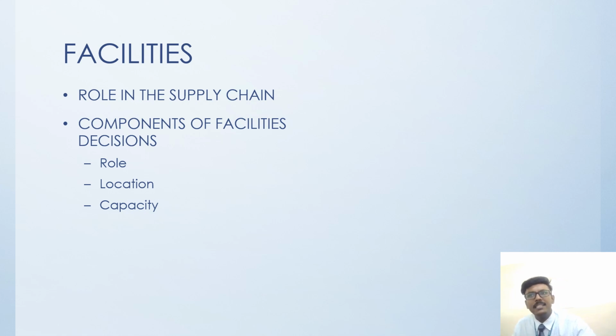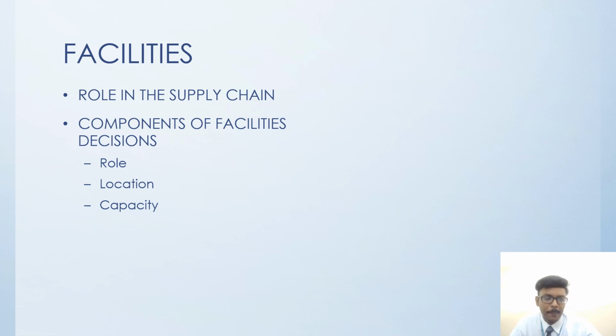So it should be easily accessible with the highway and all. Then only can we get people to work, and security and all other facilities also we will get. So when we choose a location for manufacturing as well as warehousing, we need to consider several factors. Then only can we get a better response.